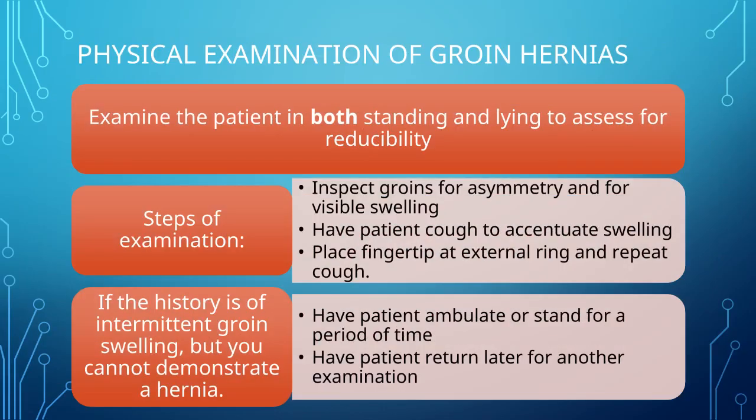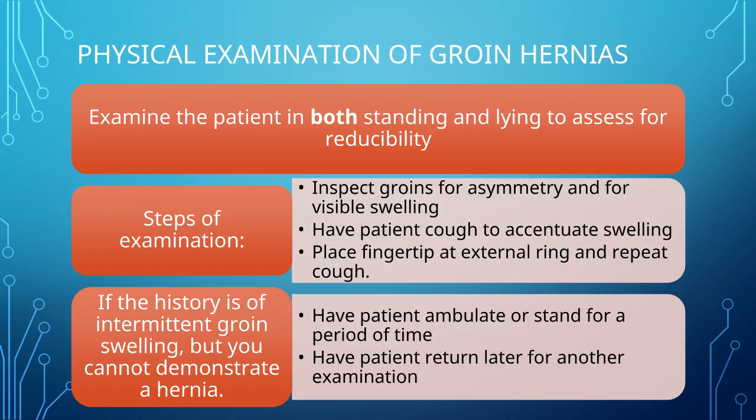Your physical exam of the patient must be dynamic. Have the patient stand, as this increases intra-abdominal pressure and makes the hernia more obvious. The key steps are: inspect for asymmetry. Ask the patient to cough or bear down (Valsalva) while you watch. Palpate by invaginating the scrotal skin with your fingertip to the level of the external ring and feel for an impulse during a cough.